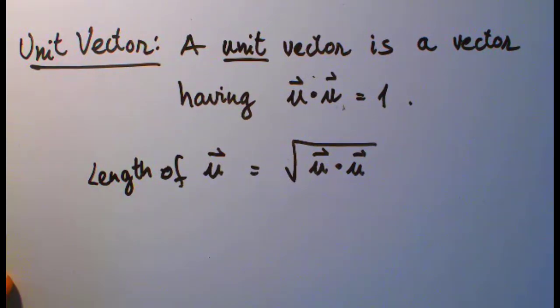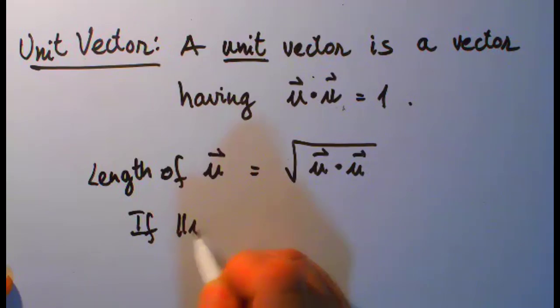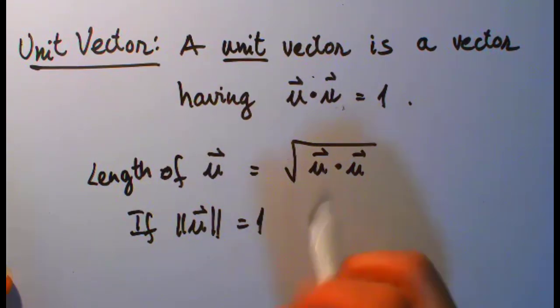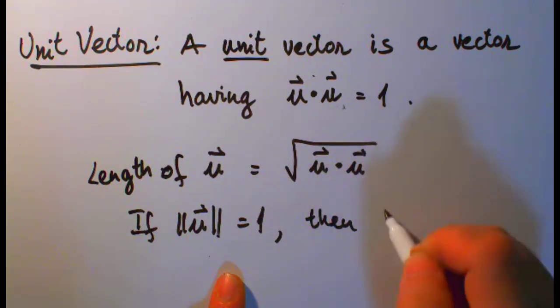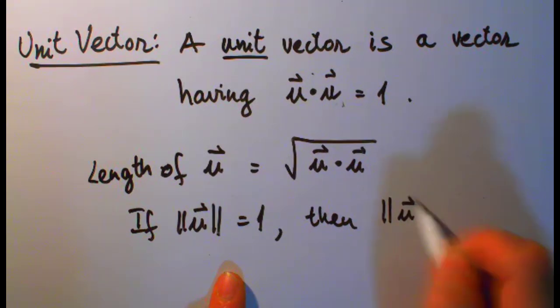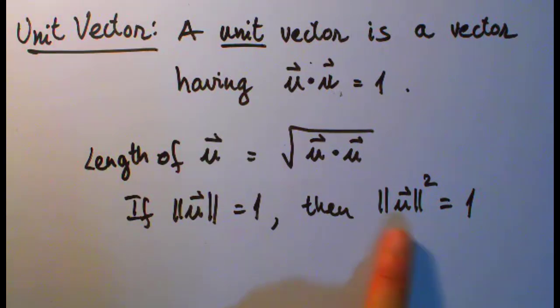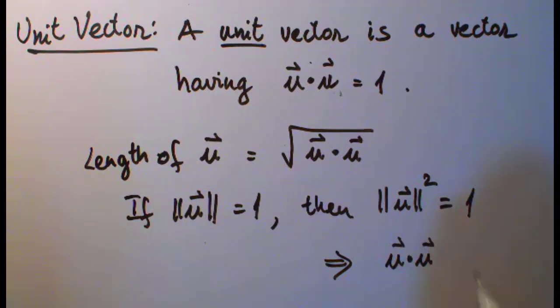And so if the length of the vector u being 1 is what we desire, then algebraically the length of u squared also equals 1. And this length of u squared consequently leads to that notion of u dot u, because u dot u is exactly length squared, which equals 1.